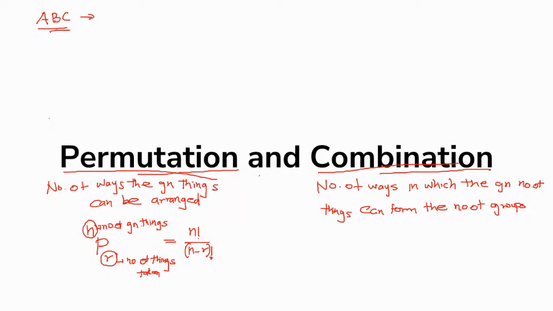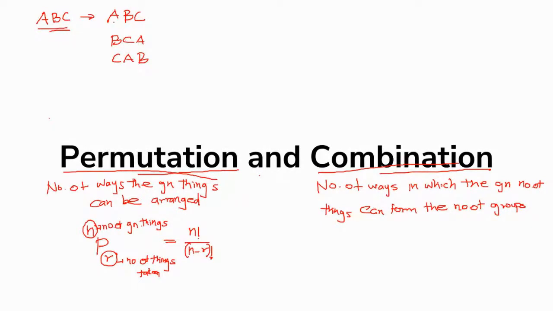For example, three members are there, A, B, and C, and I need to form a group of three members. How many such groups are possible? A, B, C, one group is possible, and B, C, A, another group, and C, A, B, another group. But think of the scenario.